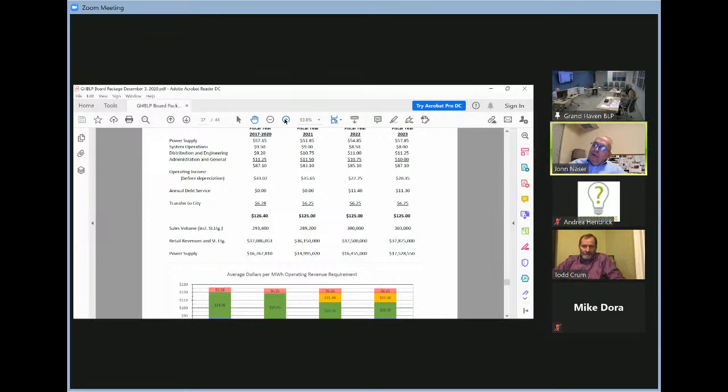You used $5 for 2023. Did you use $5 for 2022? No, I used the $5 for when we have to go out for 2022. And I used the actual purchases that we've made. If you remember what Pat just said, we have 80%, 90% of our capacity purchased for next year.